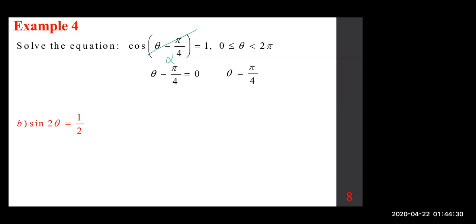Anybody want to share their answer? Sine is equal to 1/2 at pi over 6. And then in the second quadrant, where it is positive, pi minus pi over 6.